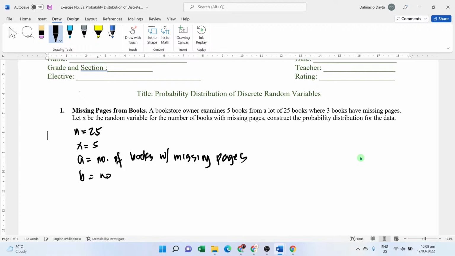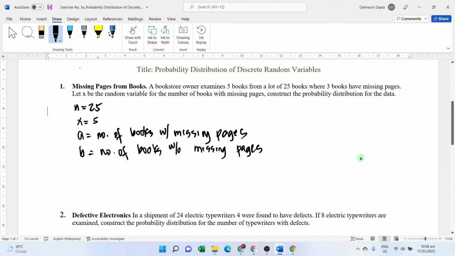B be the number of books without missing pages. Okay? So this time, we are going to construct the probability distribution for the random variable for the number of books with missing pages.